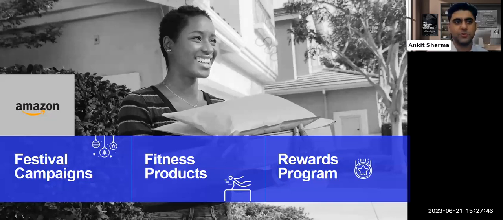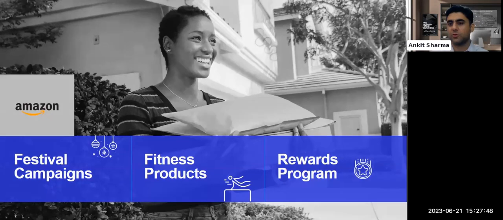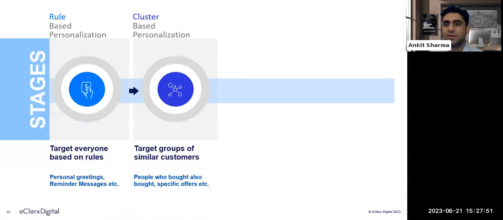Great. So yeah, thank you, Peter and Alessandro. So again, I'm going to try and summarize what I've gathered. This is basically the second level or second stage of personalization, which is cluster based. And these clusters, as Alessandro mentioned, or customer segments, are assigned based on past or historical information that the companies have.